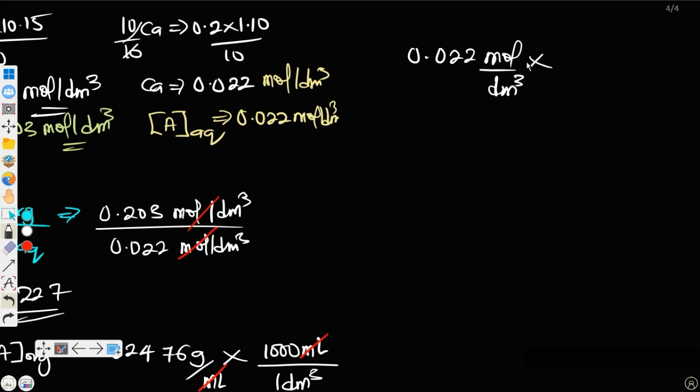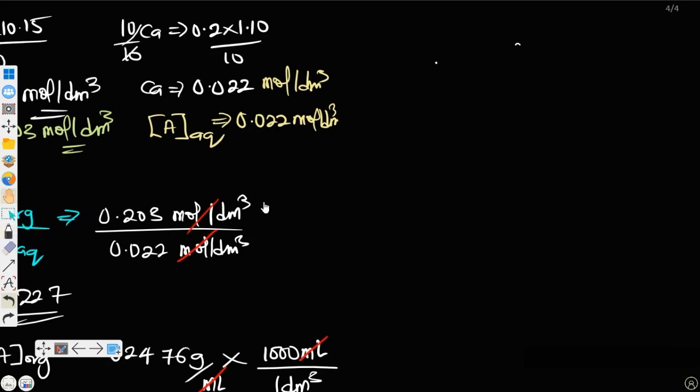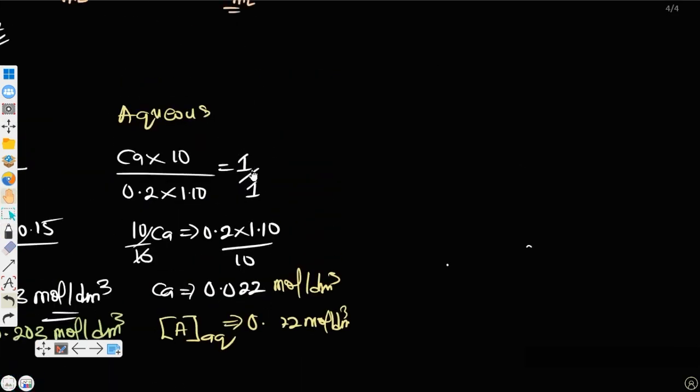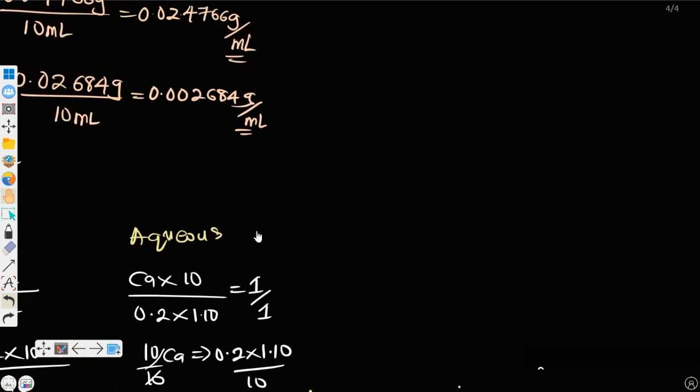To convert to gram per dm cube, okay, this is not what we are going to use. This is what we have. We want to convert the value we got first, which is gram per mil, to this mole per dm cube. So what was that value in gram per mil? It was 0.002684. Let me write it down. 0.002684.